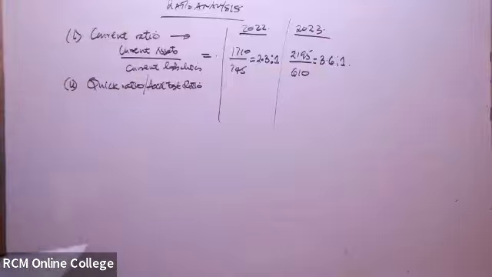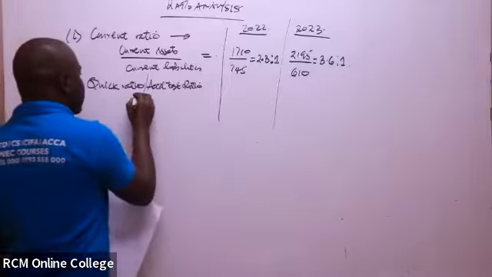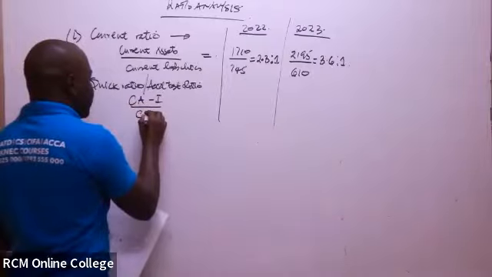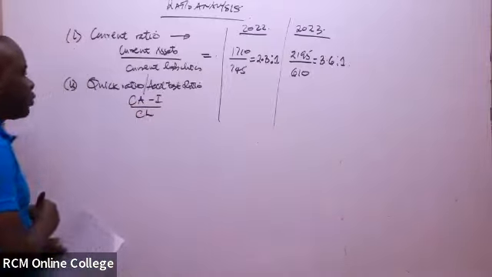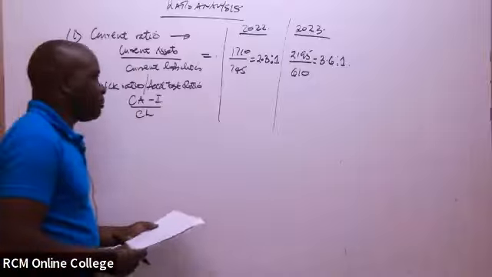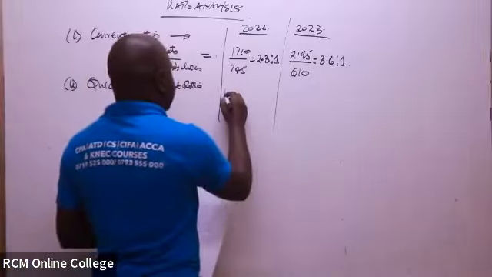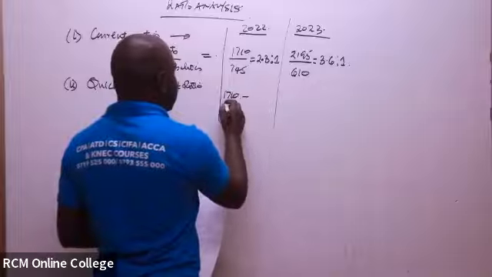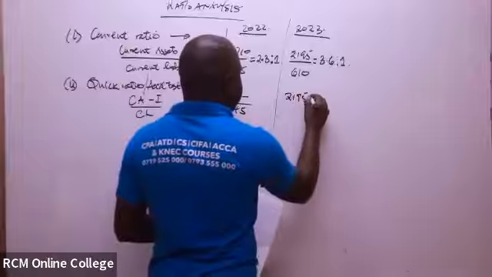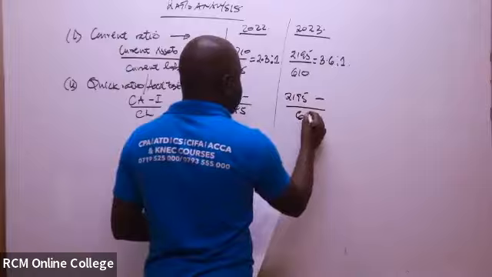So we'll take the current assets minus inventory over the current liabilities. So we want to know, in this case, how quickly can the current assets cover the current liabilities? So we'll have 1710 minus inventory over 745, and 2195 minus inventory over 610.